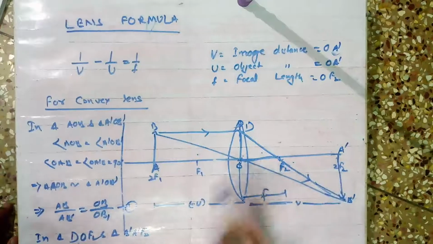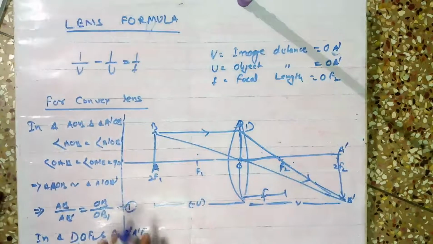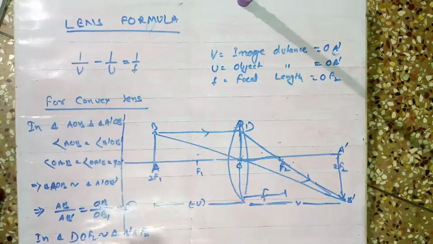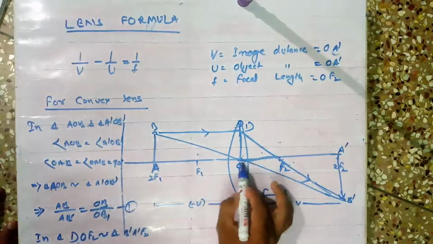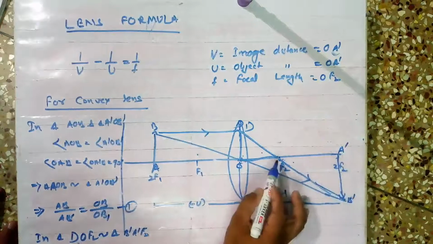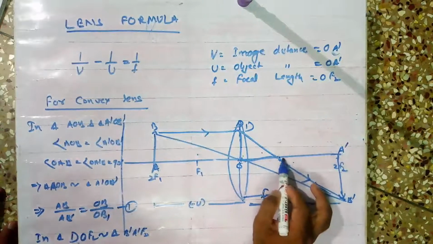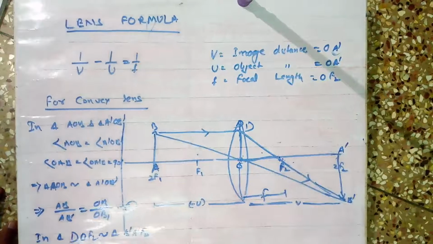This is 90, this is also considered 90. So these two are again similar. This implies that OD by A prime B prime is equal to OF2 by A prime F2. Clear?